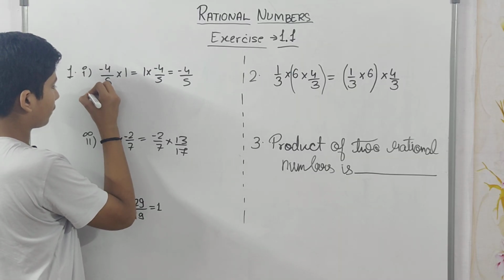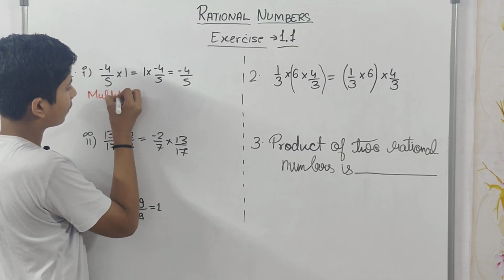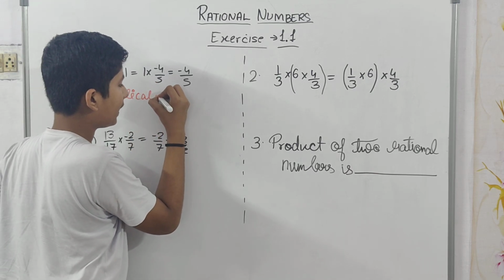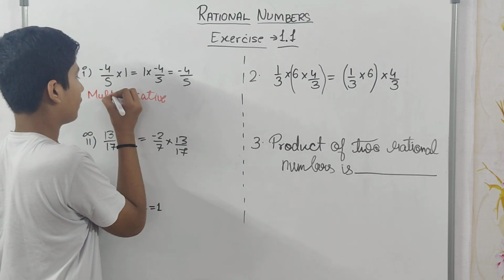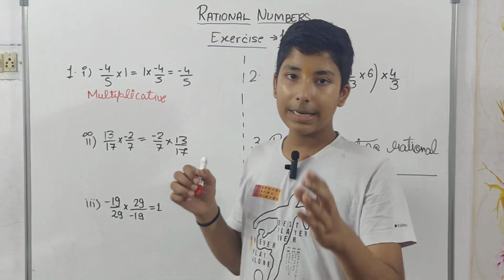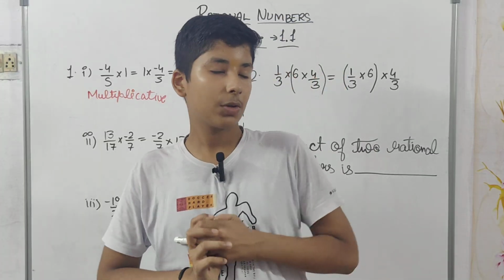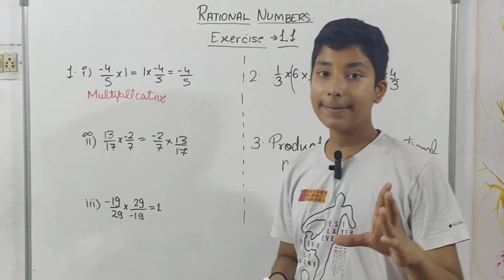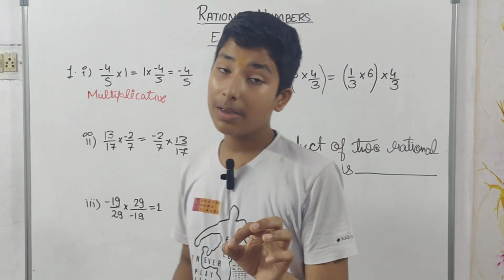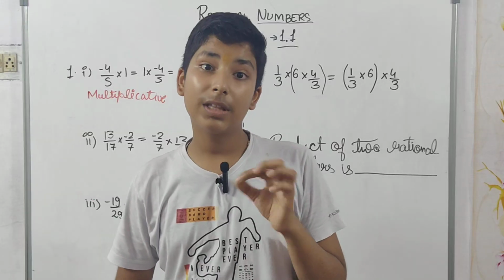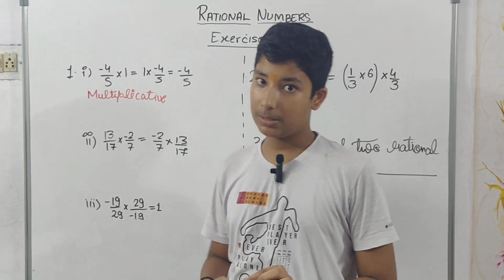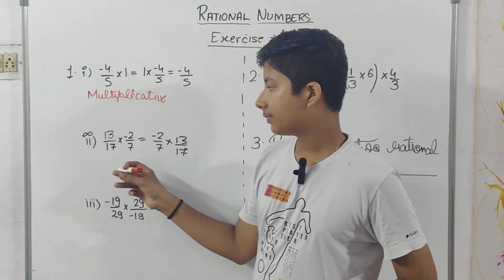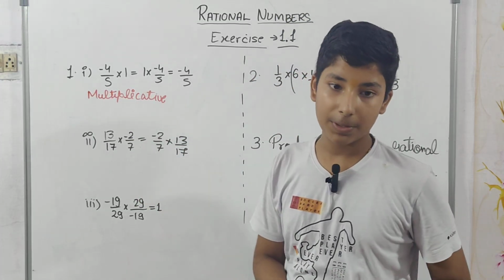This is the multiplicative identity property. Okay, what does it mean basically? It says that any number you multiply by 1, or you multiply 1 with any number, the result will be the number which has been multiplied.